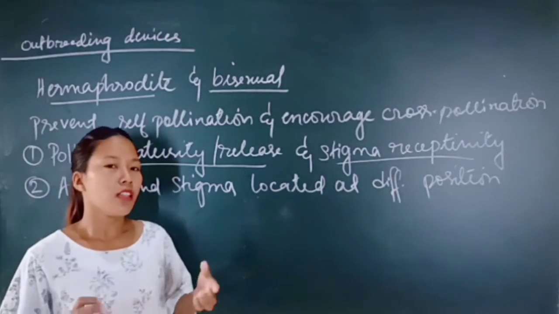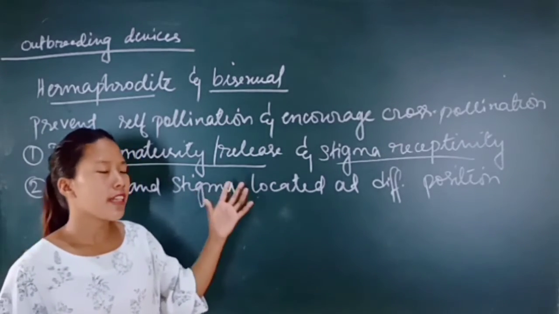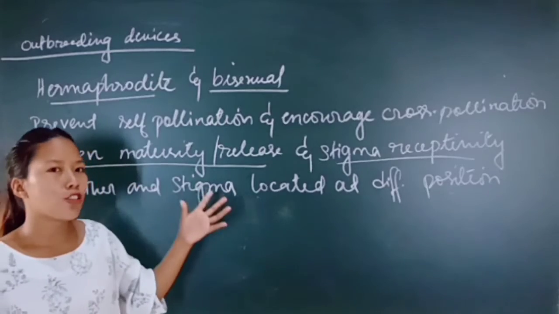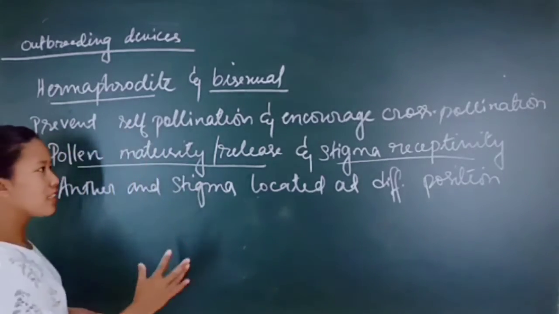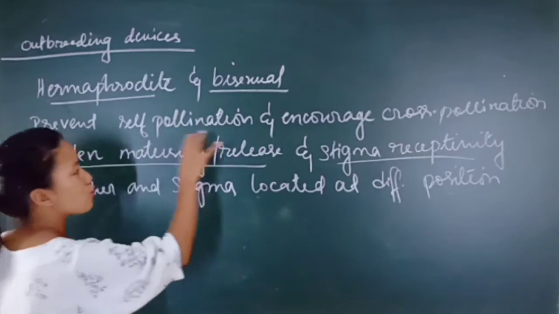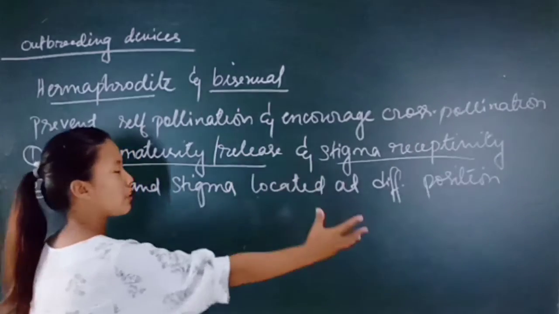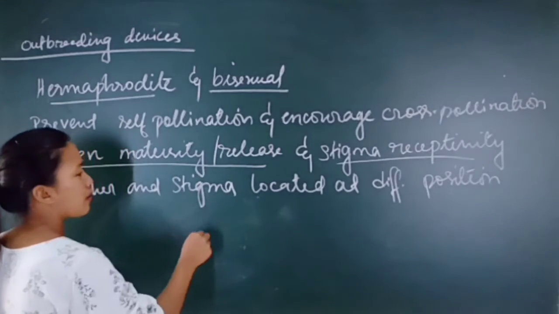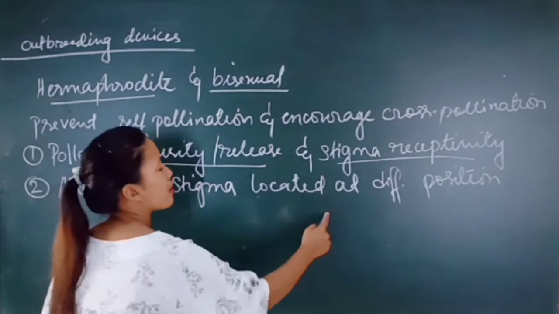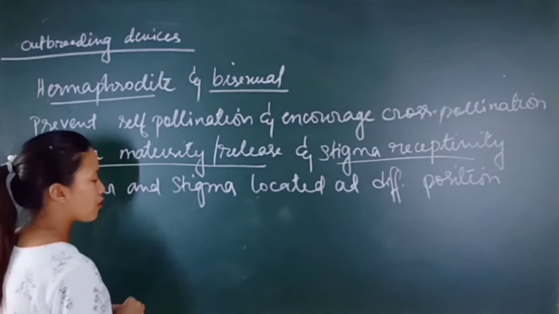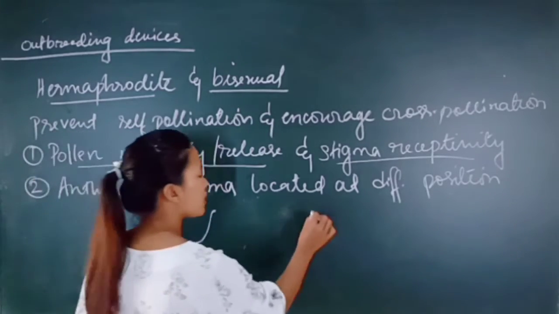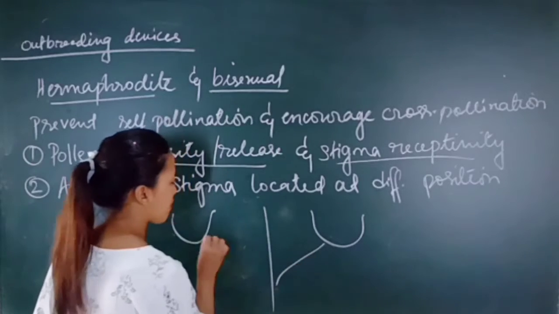But we cannot guarantee that geitonogamy will also be prevented. In one flower, these two might be different, but in some other flower of the same plant, the pollen maturity and the stigma receptivity might be the same. This is one flower, this is another flower, but from the same plant.